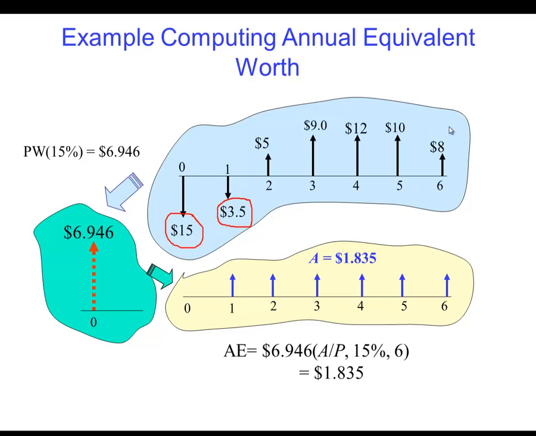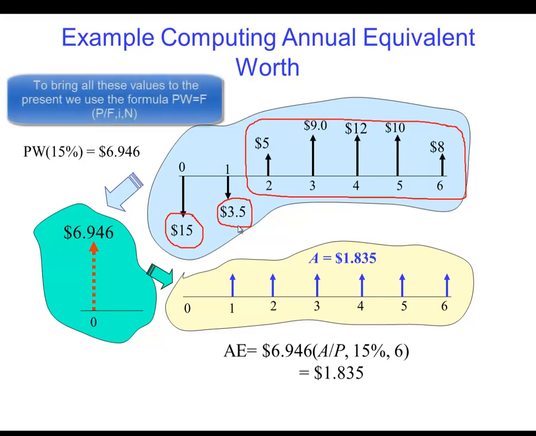So we have these values that are considered out, and this is in, and we would like to calculate the present worth. So I will bring all these values to the present, to point 0, and since those are different values, I will bring each one of them separately to year 0 and find the present worth.